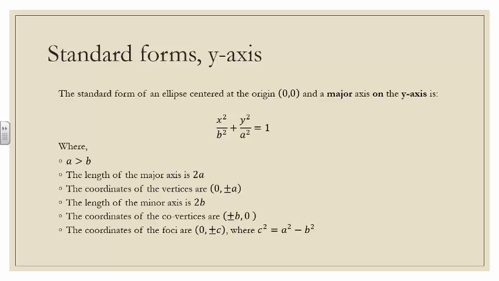If it is centered at the origin and the major axis is on the x-axis, the a comes before the b. In both instances, the equation is set equal to 1, and in the numerator, the top part of our fractions, we always have x squared and y squared. It's underneath in the denominator where things change.